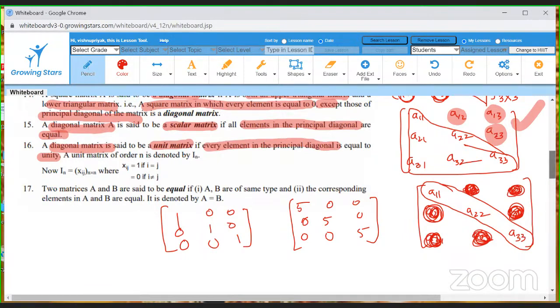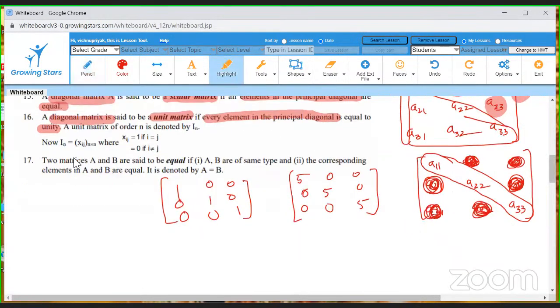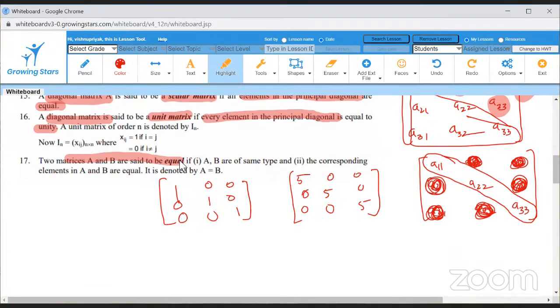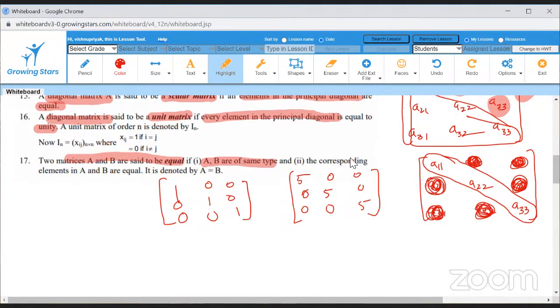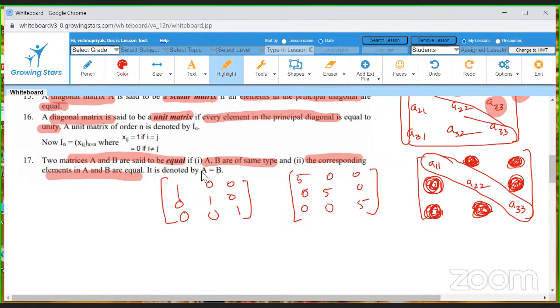Next, two matrices A and B are equal if the order is the same and the corresponding elements are the same, then you can say A is equal to B.